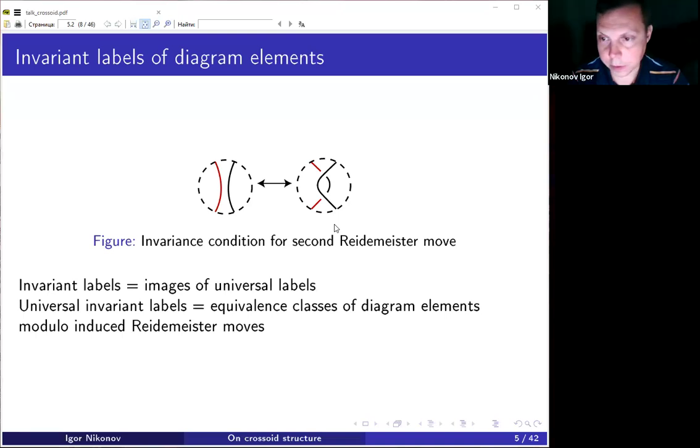So we should identify all these arcs in one equivalence class, and then consider the set of these equivalence classes. So we get some set of arcs which will be assigned not to a concrete diagram, but to the knot itself.